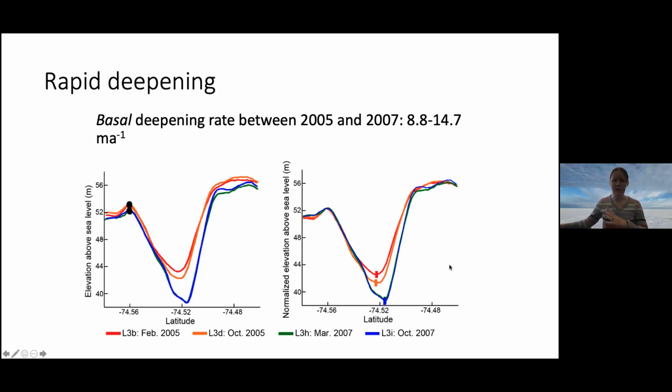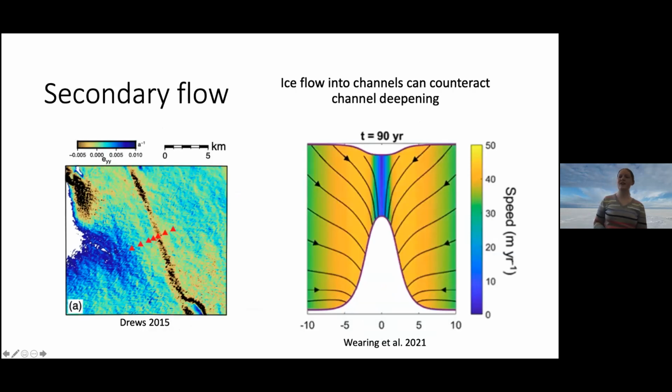Now, headward growth, channel deepening, we do see channels shallowing as well, and we have much more investigation to do on why some channels might be shallowing, why others might be deepening. There's also some ice dynamic response that occurs. When a big channel forms, that's enough of a difference in topography to deflect ice flow into the channel. This has been observed in satellite imagery.